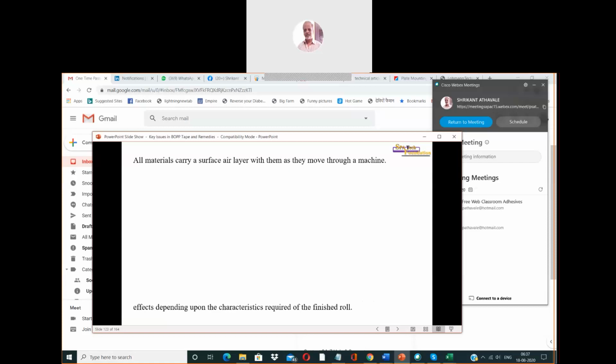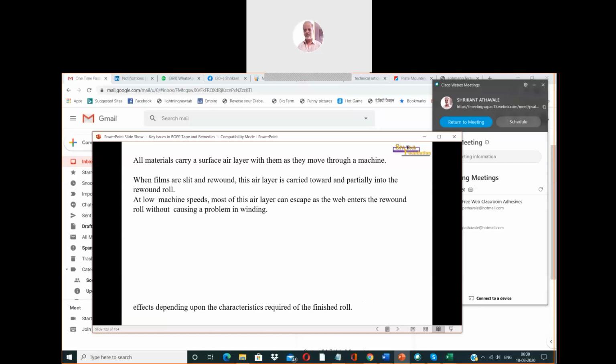All materials carry a surface air layer with them as they move through a machine. When films are slit and rewound, this air layer is carried towards and partially into the rewound roll. At low machine speeds, most of this air layer can escape as the web enters the rewound roll without causing a problem in winding.